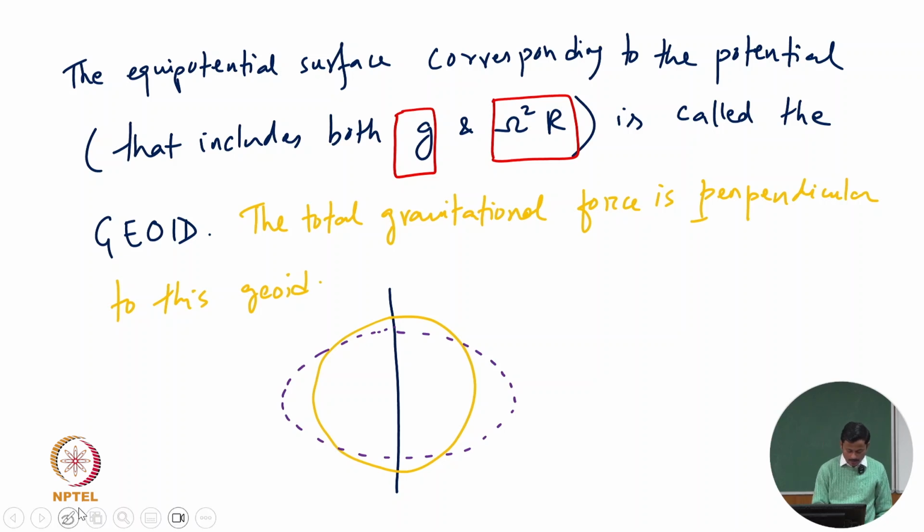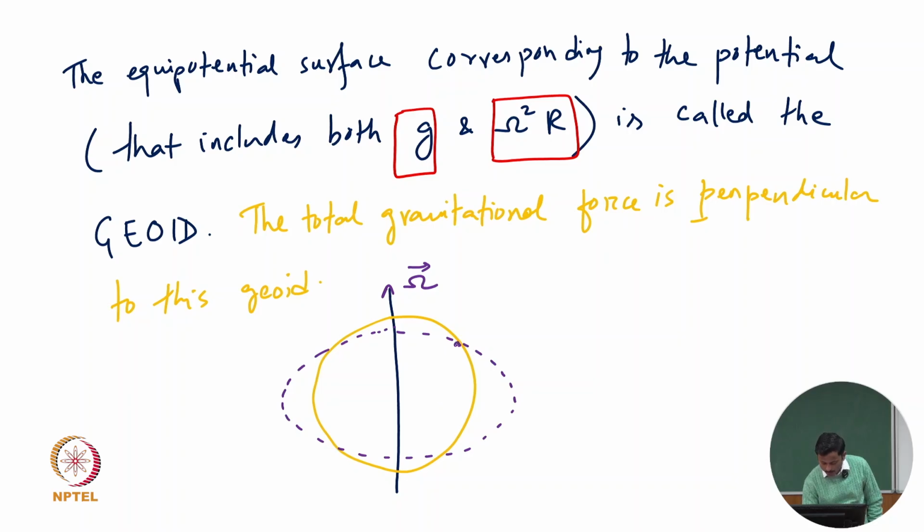This is not exactly what happens in the real Earth. The difference between the radius at the equator and the radius at the pole is very small compared to the total radius of the Earth. However, I have exaggerated just to show you.